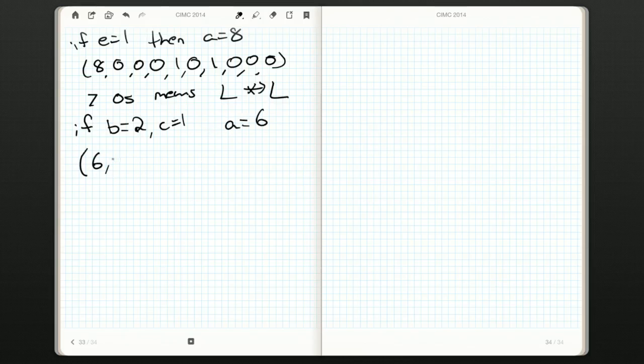We have 6, we have 1, we have 2. D, E, F, G, H. Oh, sorry. 6, 2, 1. Now, first I forget this case, and now I'm already screwing it up.